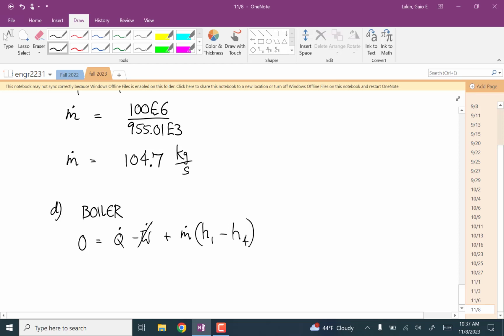And so Q dot over m dot is equal to H4 minus H1. I have these backwards. It's inlet minus exit. So the exit is 1, the inlet is 4.